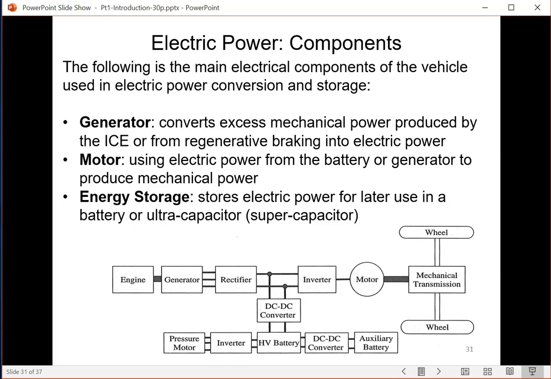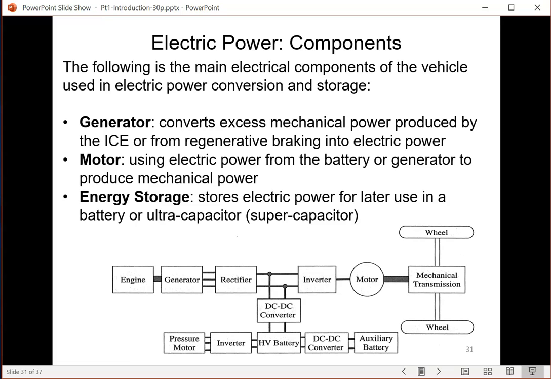Now bear in mind that because you're not studying electrical engineering as your main degree, in electrical engineering, motors and generators are really the same device. Sometimes we call them electrical machines because it's difficult to tell whether it is a motor or a generator. Of course, there are particular design issues.